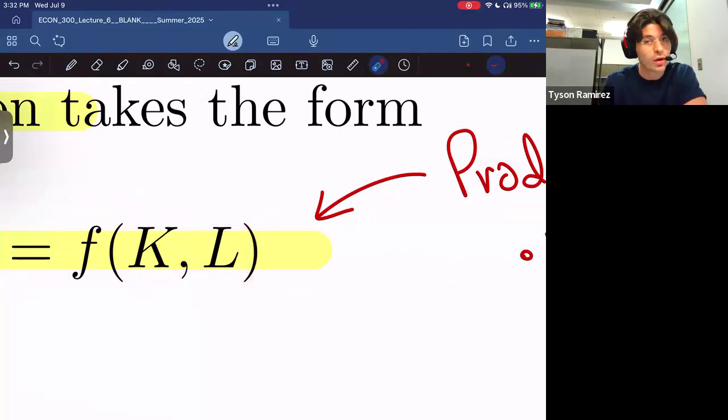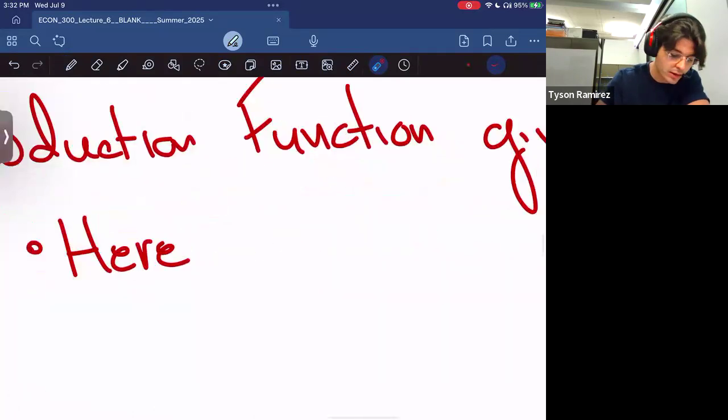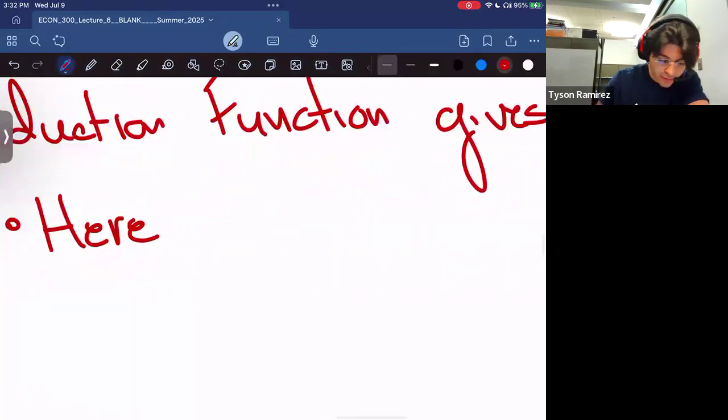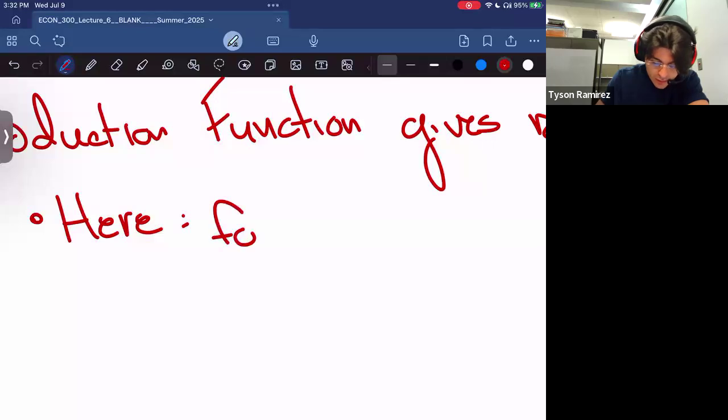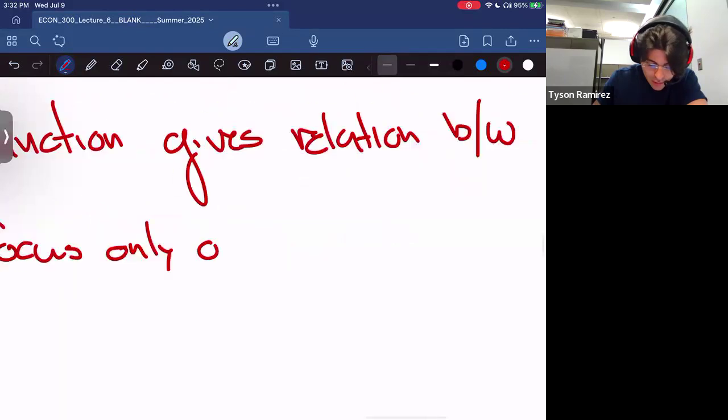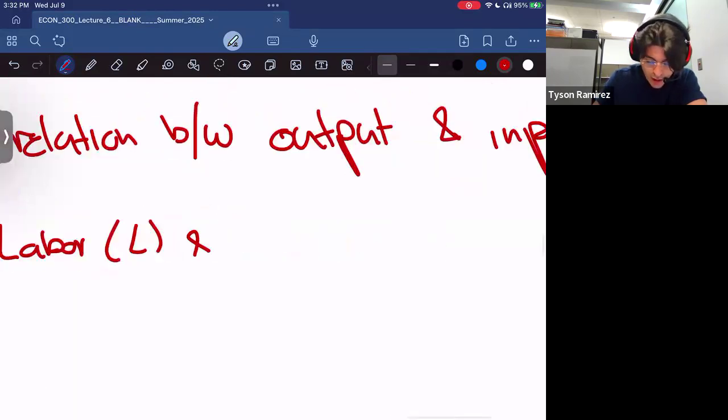How many workers must I hire or how many hours must I pay them for? For simplicity, we just assume that these are the only two inputs of production for now. So here, focus only on labor, L, and capital, K.